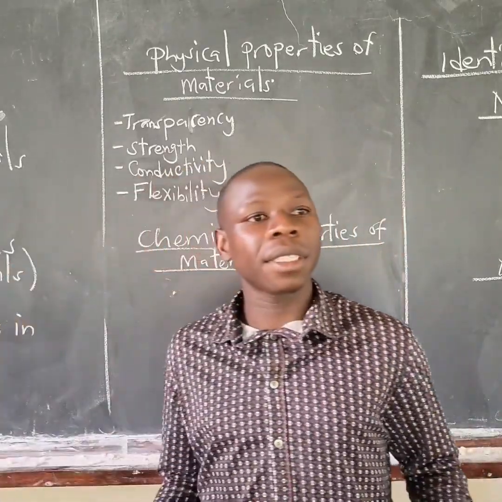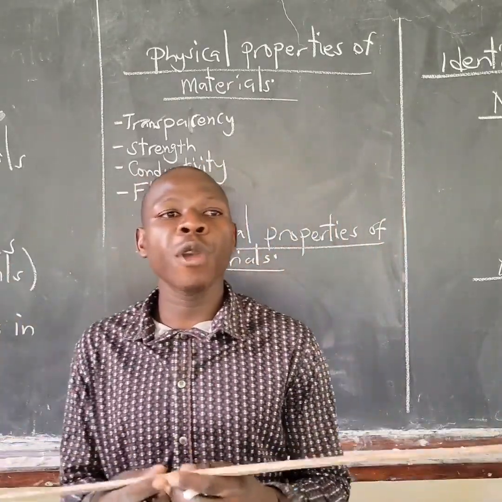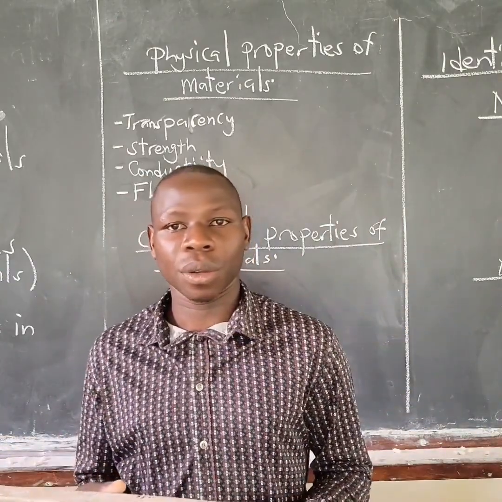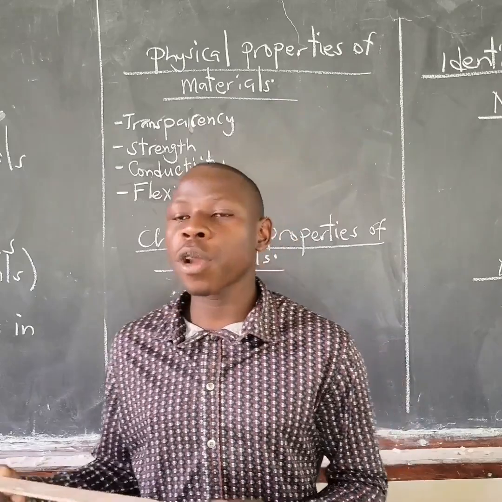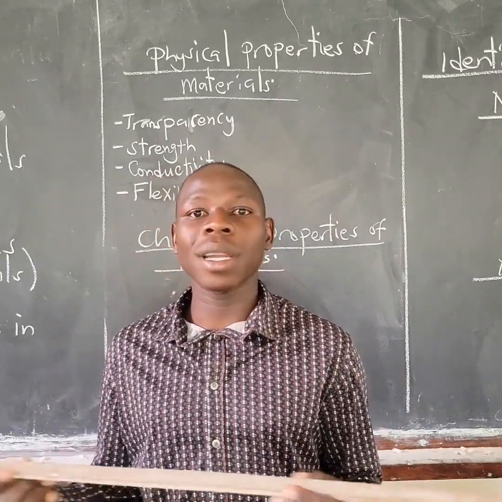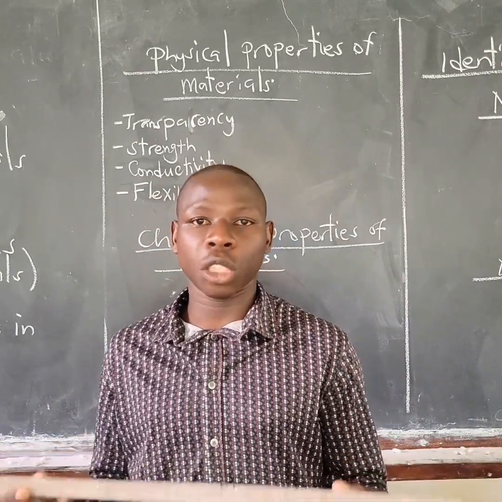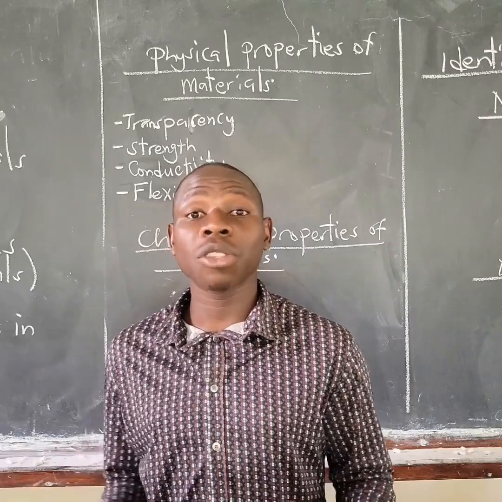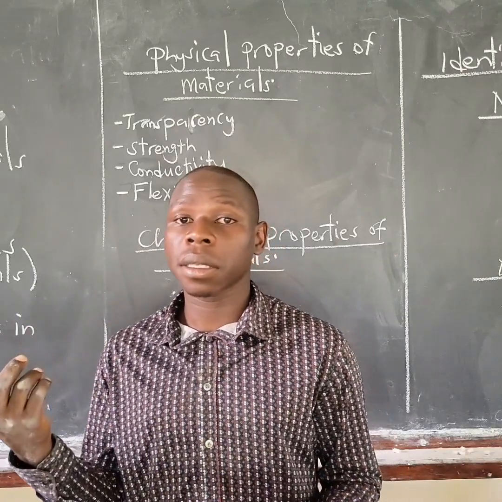When you talk of conductivity, we mean if we use that material and we connect it to wires, or we apply it in a circuit, does it complete the circuit and our bulb lights?